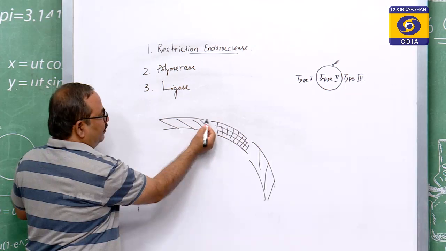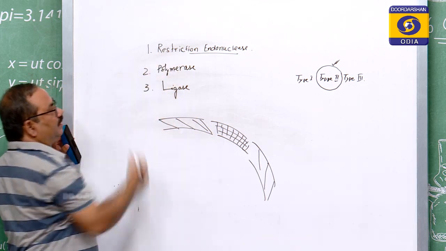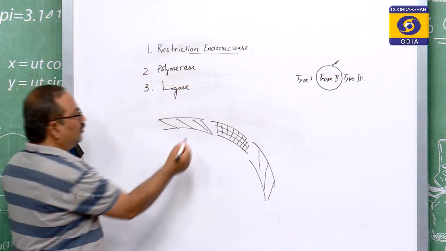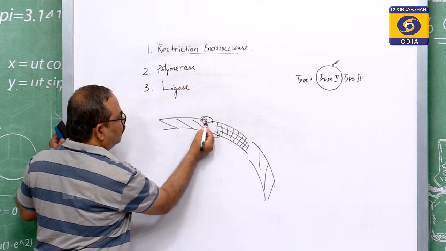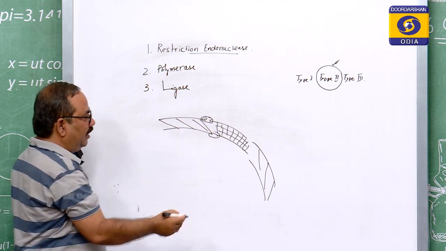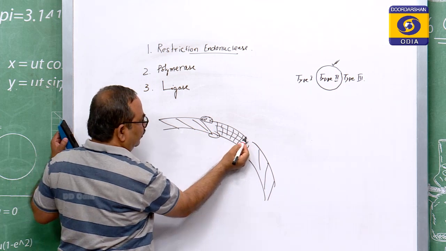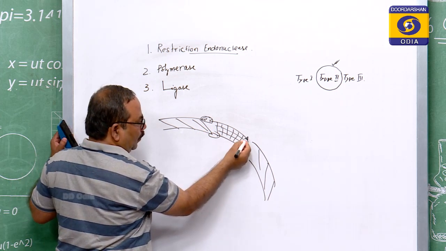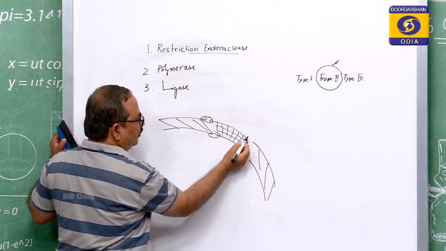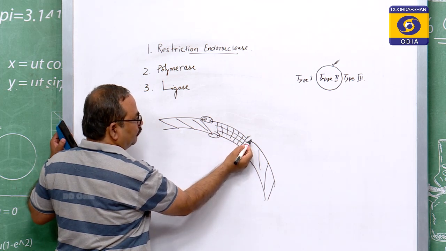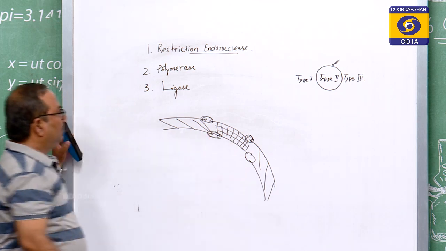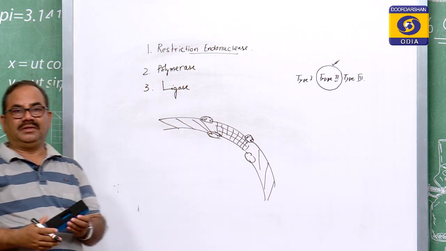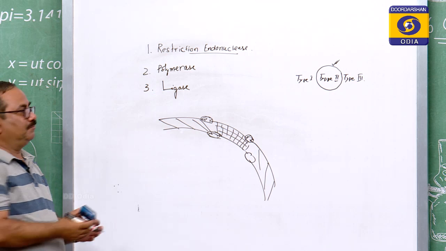Now, these cuts were brought about by the restriction endonucleases. Now, there is establishment of phosphodiester bond between these 5' and 3' ends, and this is brought about by the enzyme ligase.